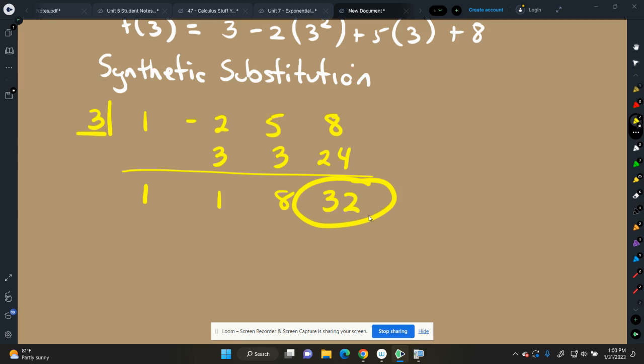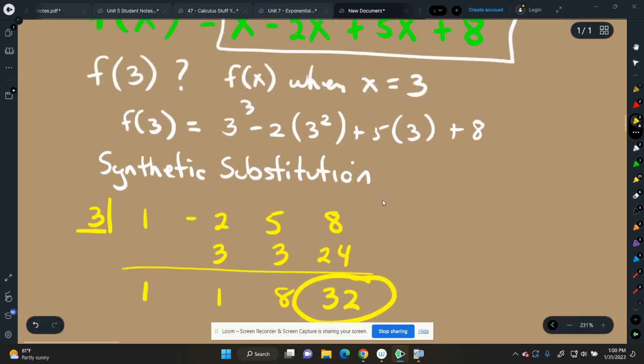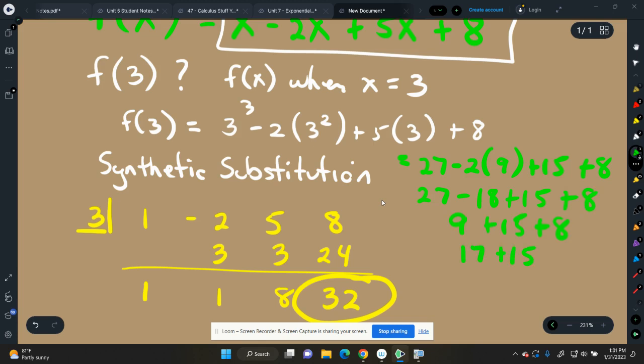If we were to substitute 3 into the equation, if I did this the old way, 3 to the third is 27 minus 2 times 9 plus 15 plus 8. So we'd have 27 minus 18 plus 15 plus 8. That's going to be 9 plus 15 plus 8, which gives me 17 plus 15, which equals 32.